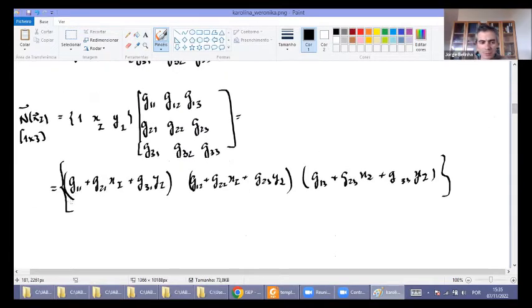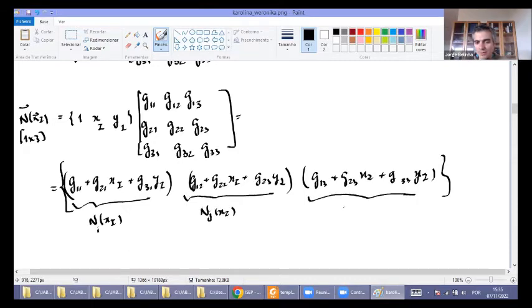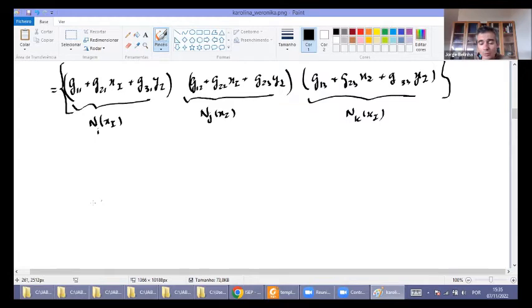This is the shape function of the first node I. This is the shape function on node J. And this is the shape function of node K. If I plot this function, just for fun, you'll see something like this. Your initial triangle, the axes X, Y, and now it comes here.